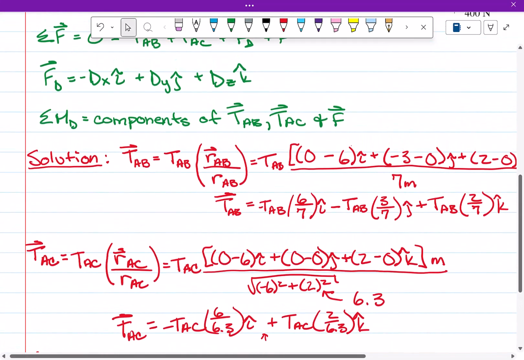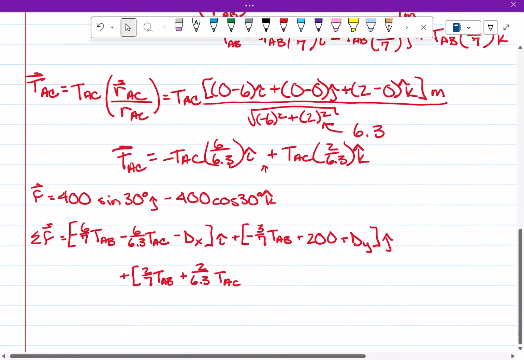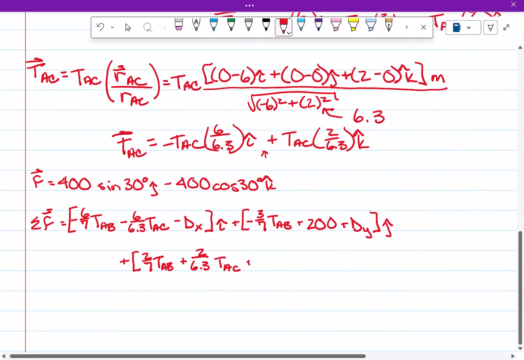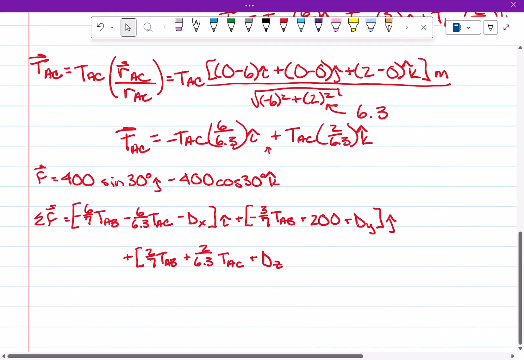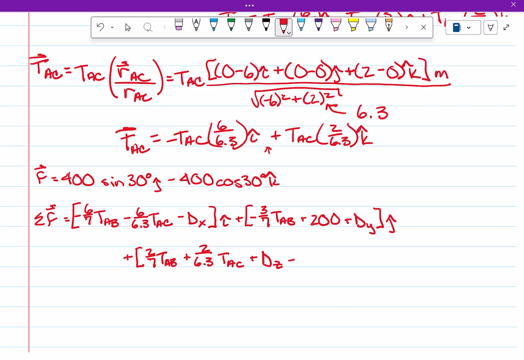For our D, we also have a Z that we're looking for, and we've assumed it to be positive, so plus DZ. And then our F, which is negative 400 cosine 30, and I calculated that to be negative 346.4. That is in our K component. All of this is equal to 0.